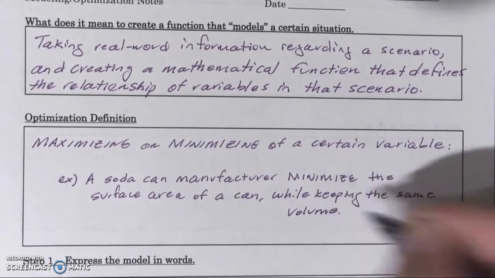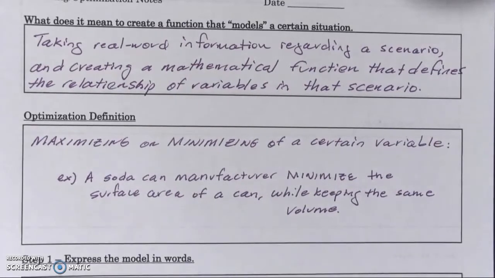Okay, so you could just imagine what type of variables would come into play when we deal with that, and we'd want to minimize the surface area. Okay. There's a few different steps. We'll break it down into some steps here, and then we'll give you a quick example here, and you should be able to get a picture of exactly what we're trying to do.